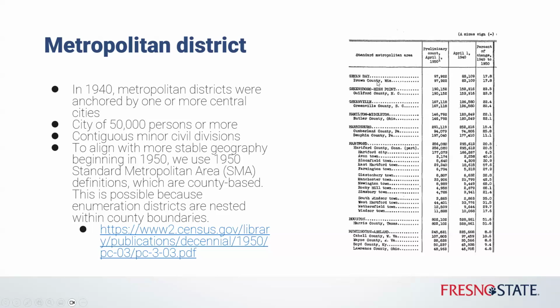And what's beneficial about that document is that you can look under any of these names that we use to refer to an area and see what geographic areas fall underneath that. So for example, if you're interested in Hartford, Connecticut, you can see here that these are all the areas that would be part of Hartford, Connecticut, the standard metropolitan area.